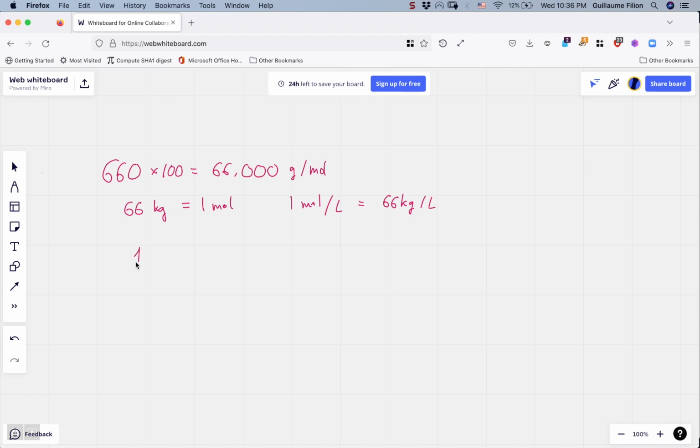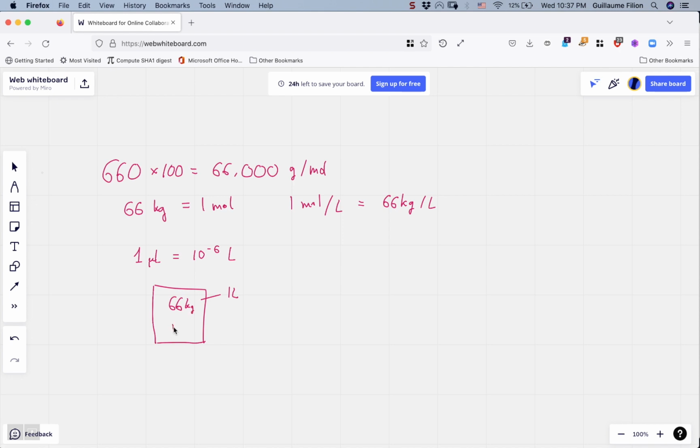is 1/millionth of a liter. That's the meaning of the symbol micro here. And so if I have a relatively large volume of water, that makes 1 liter, then I need to put in this volume of water 66 kilograms.